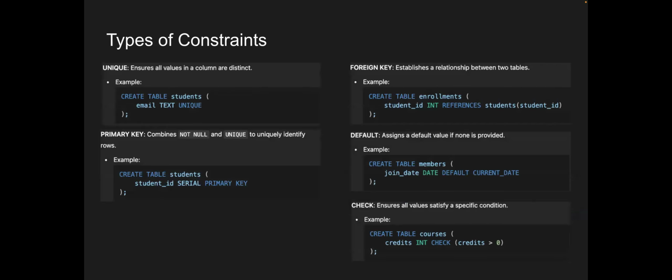Now we have different constraints. We have a constraint that is called unique. This is very similar to the primary key. So why is this unique constraint important? This constraint is important because it's going to create a validation in your database that, for example, an email needs to be unique.